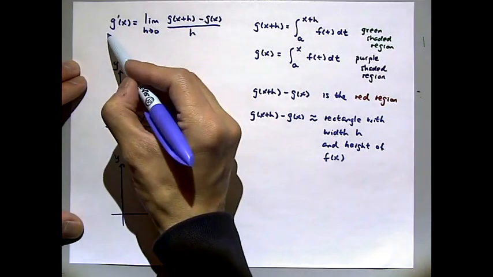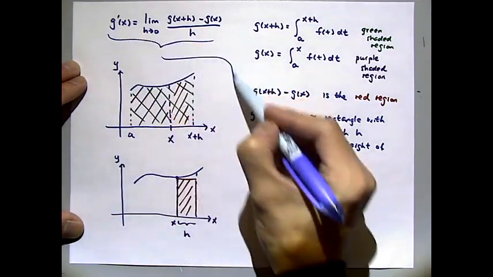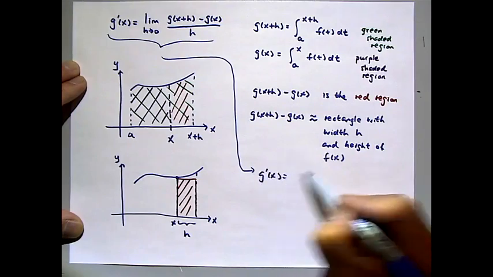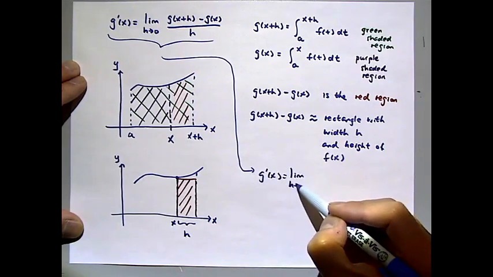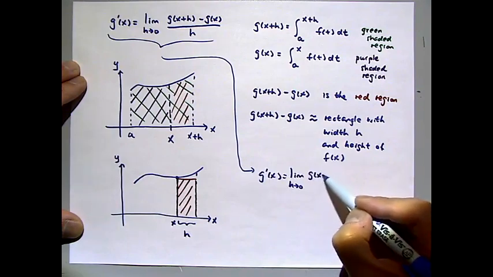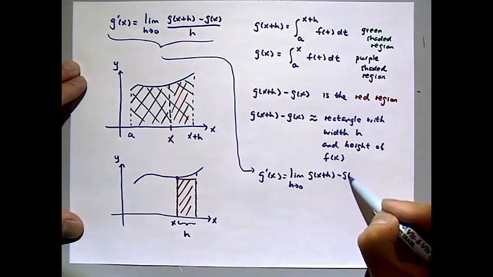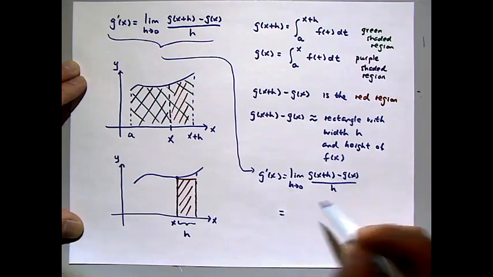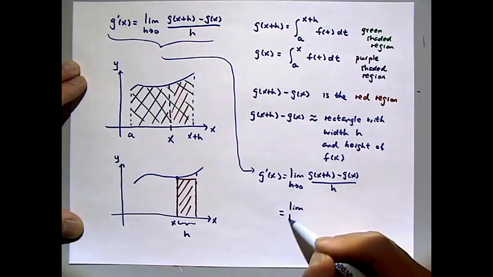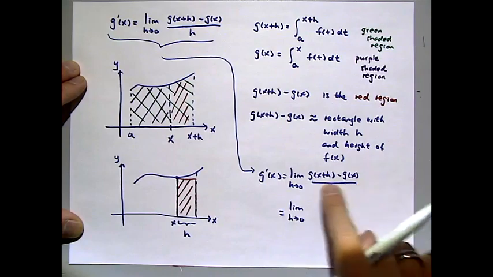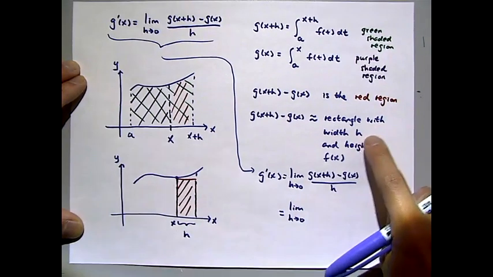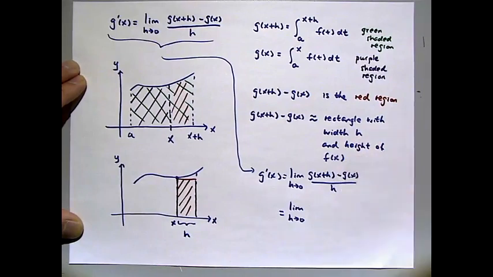Okay, so then this difference quotient right here, because h is becoming so small, the top here is a rectangle of width h and height f of x.